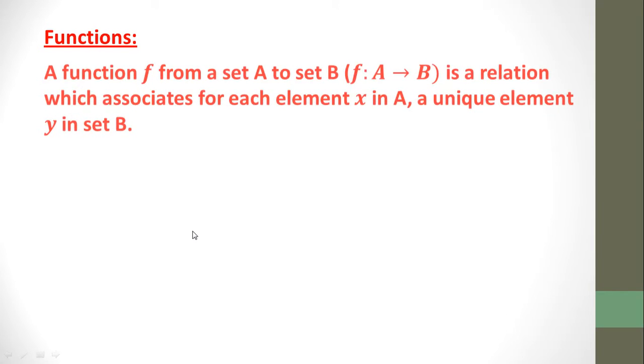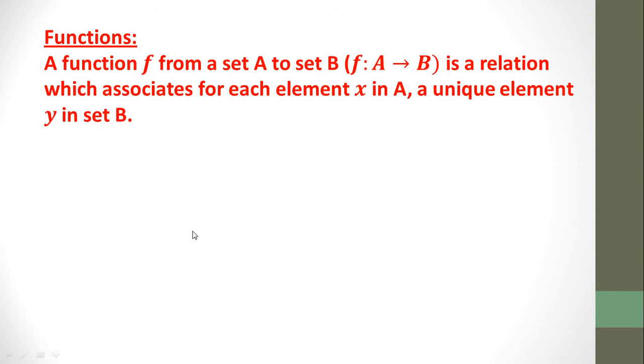So see the definition here. A function f from a set A to set B, it is written as f from A to B, is a relation which associates for each element x in A a unique element y in set B. So first of all, you must know about the relation. What is the relation?